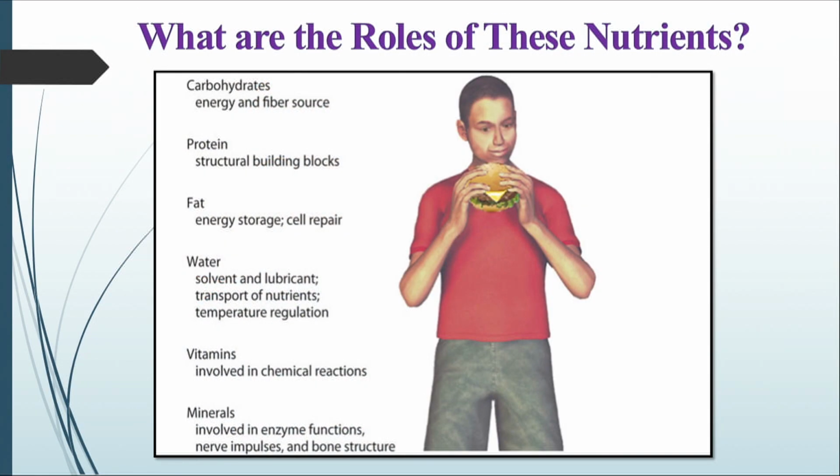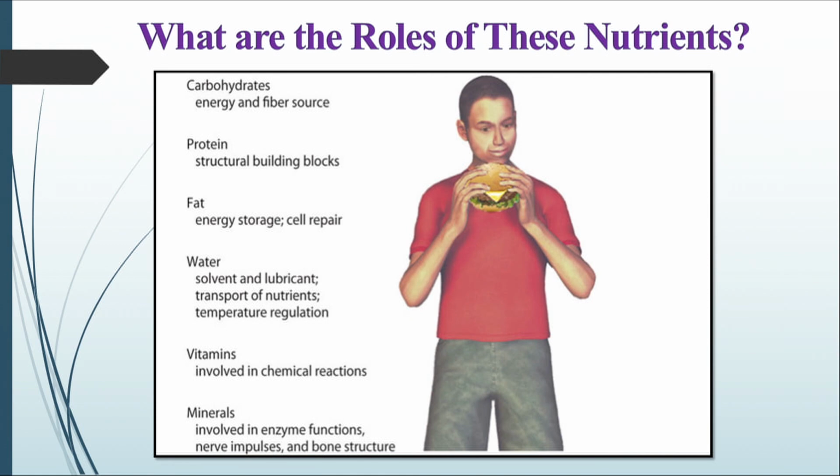But what are the roles of these nutrients? Well, carbohydrates are for energy, and they are a good source of fiber. Proteins are structural building blocks in our body. Fats store energy, as well as cell repair.